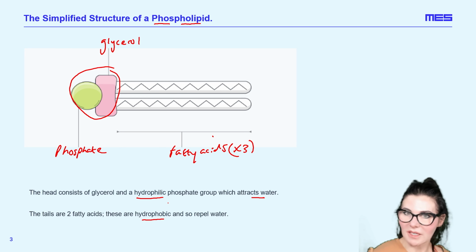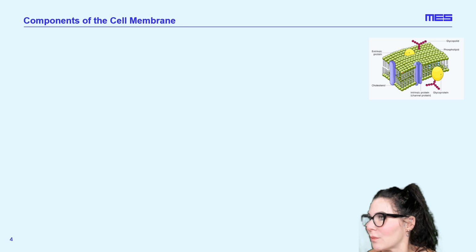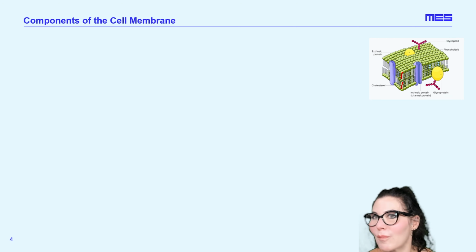Now, those properties are really important because it's basically what makes the phospholipids form a bilayer, which forms our biological membranes. Here's a picture of our bilayer. So you can see we've got one layer of phospholipids on the top here, and then another layer of phospholipids on the bottom.